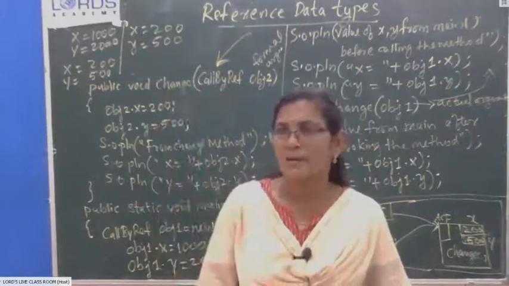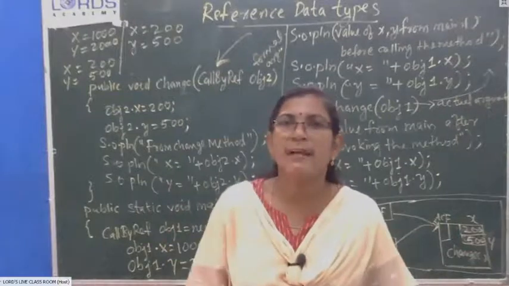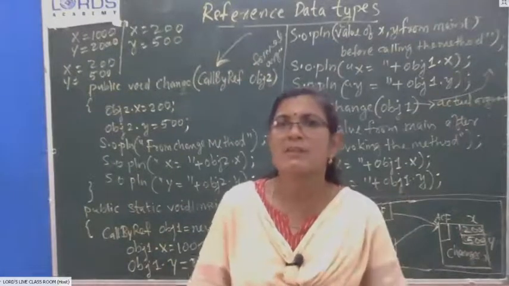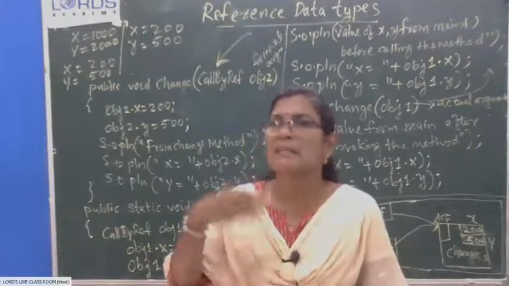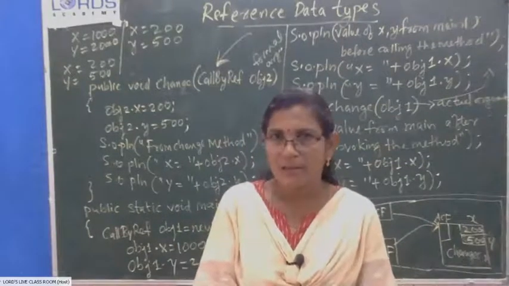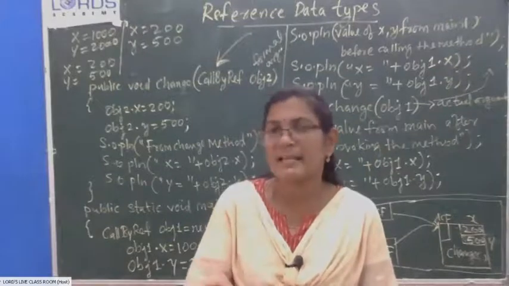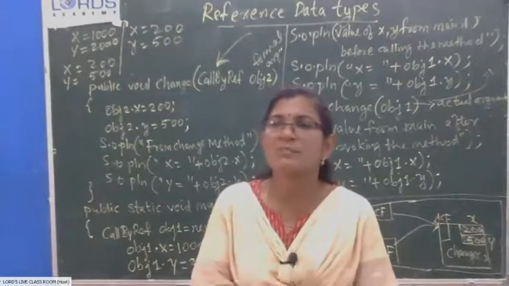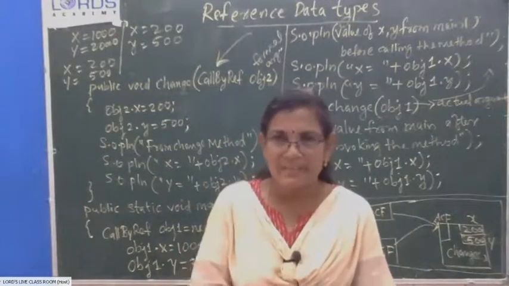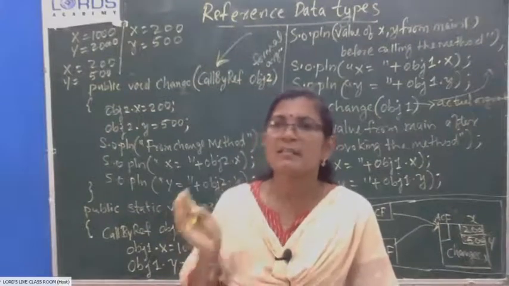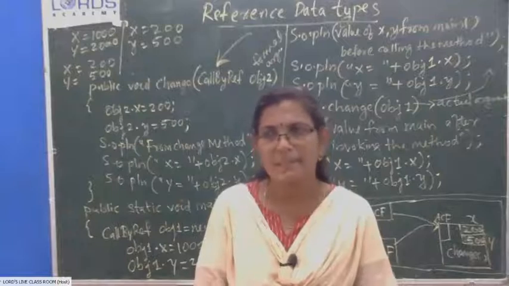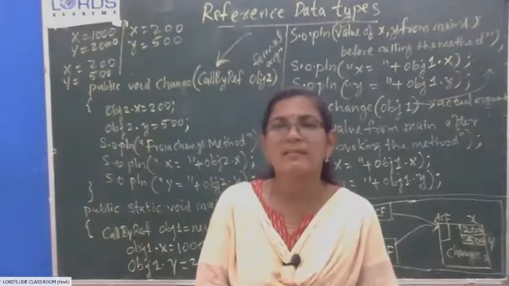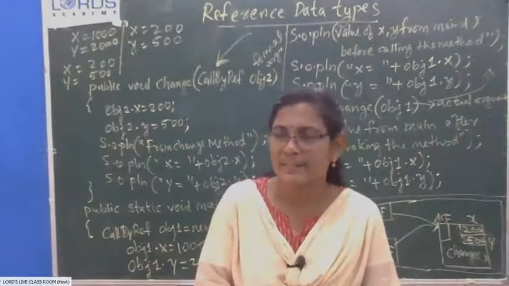Under call by value, you write the first point: call by value method is used to pass primitive data types to a function. Under call by reference: the method is used for passing reference data types to a function. In brackets you can write arrays, interfaces, classes, etc.